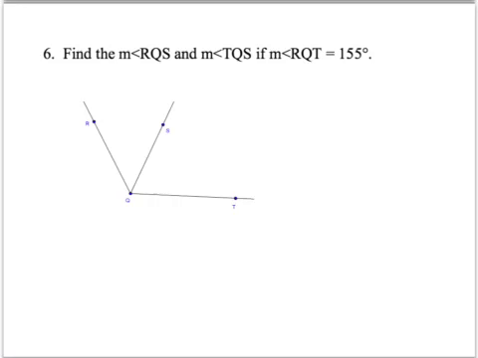But you need an expression that represents the measure of angle RQS. The measure of angle RQS is going to be 4x minus 20. The measure of angle TQS is going to be 3x plus 14. So I apologize for that.